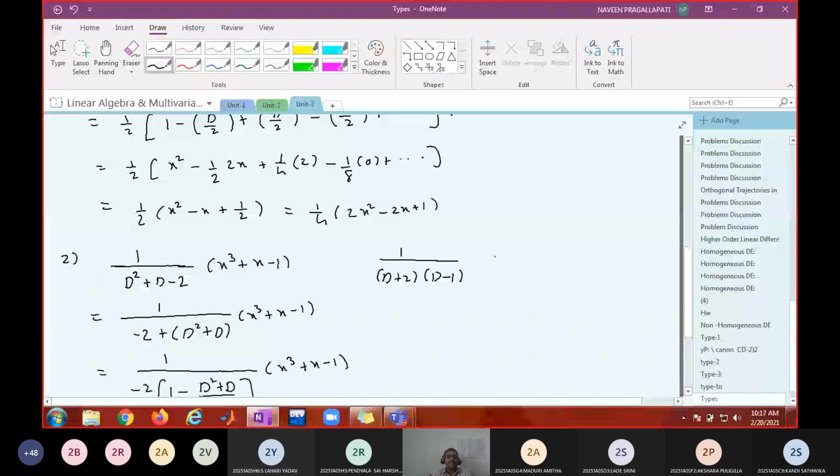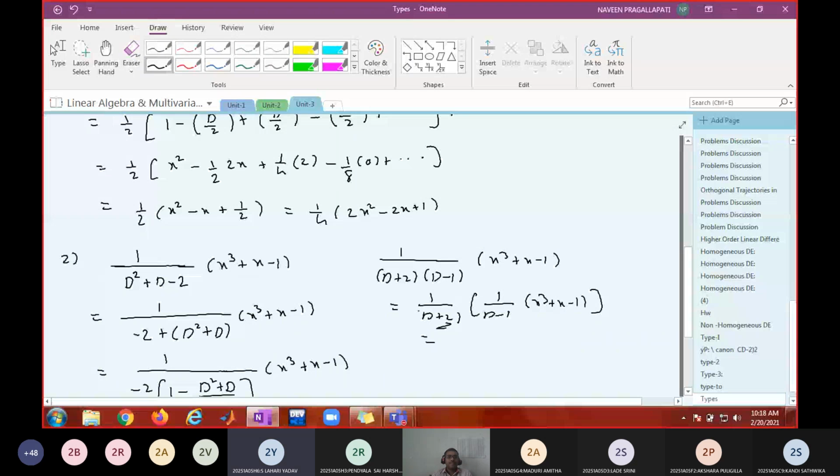That will increase your work. No, sir. How would that increase my work? If you want, you can do. There is no problem. You can write it as 1 by d plus 2 of 1 by d minus 1 of x cube plus x minus 1. You apply the type 5 formula to that. Again, you apply this.